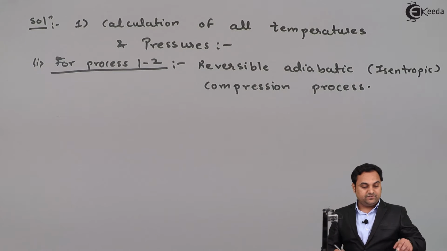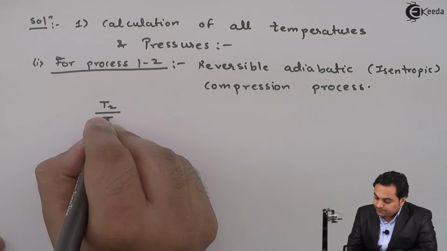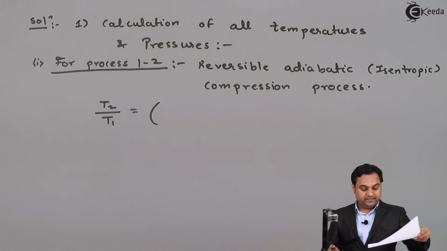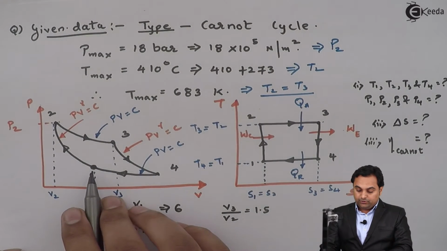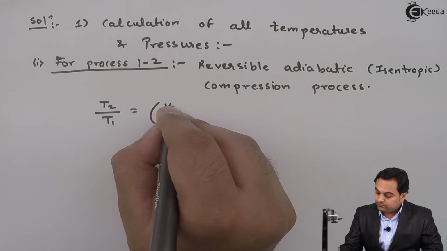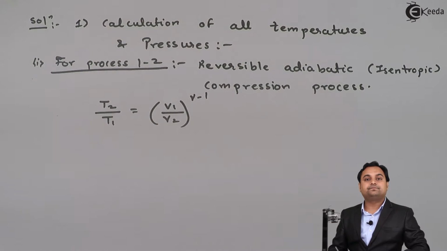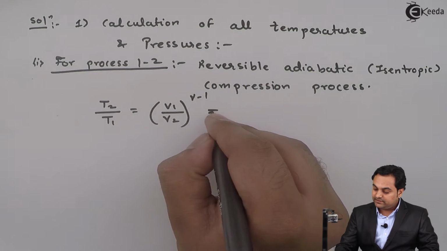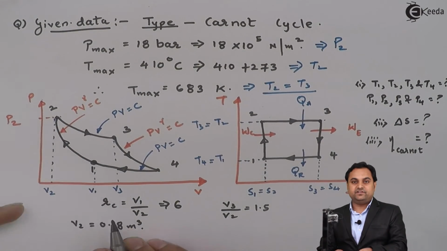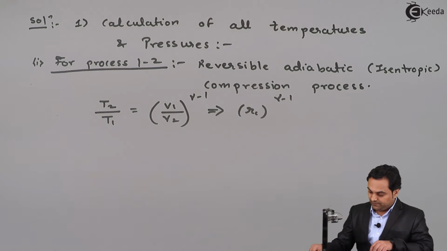And for this I have the relation that T2 upon T1, that is final temperature upon initial temperature, is equal to V1 by V2, that is initial volume V1 to the final volume V2, raised to gamma minus 1. Next, V1 by V2 is given in the problem. It is nothing but R suffix C. So it is RC raised to gamma minus 1.